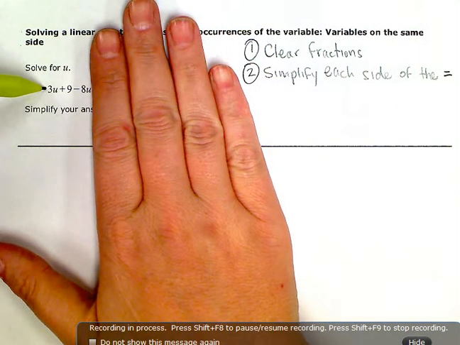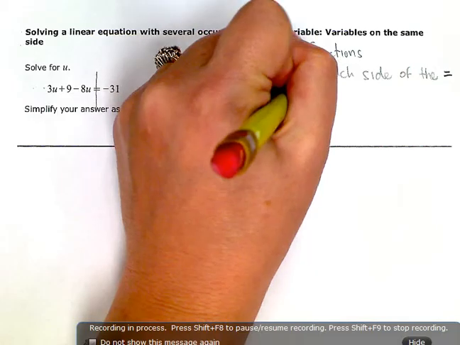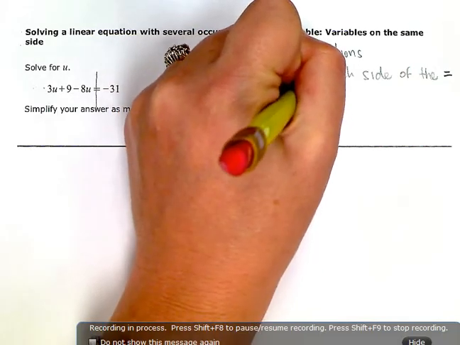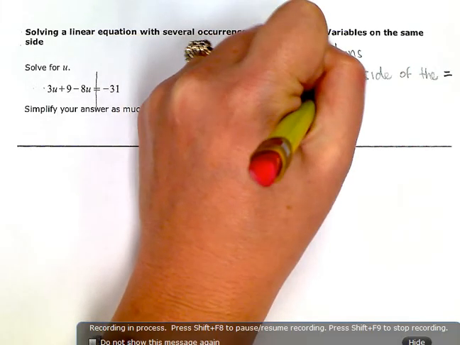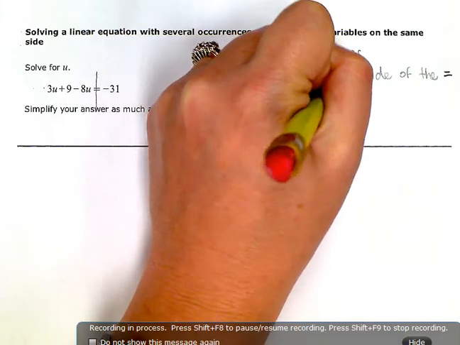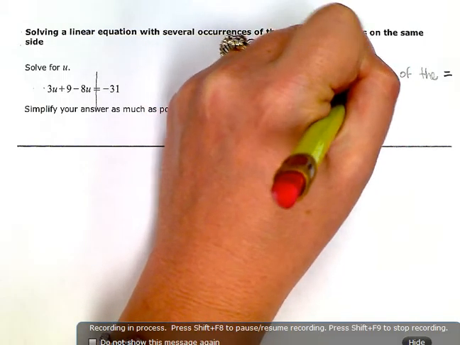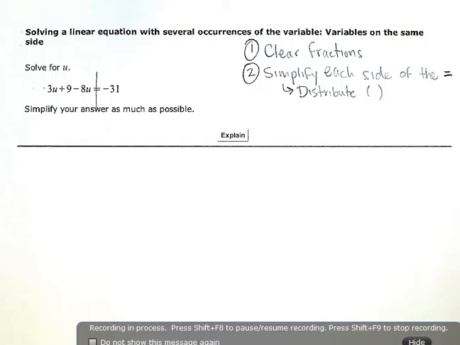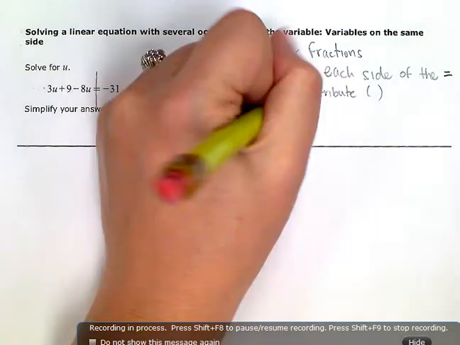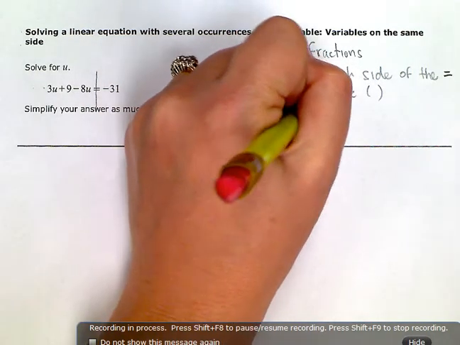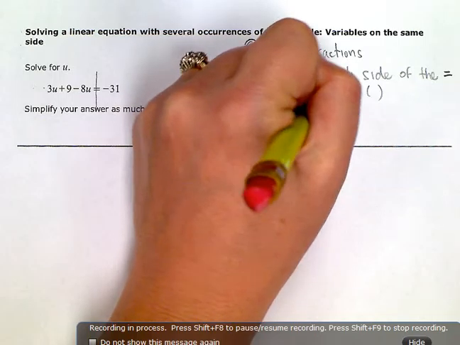And when you simplify, you're doing one of 2 things. If you have parentheses, you're going to distribute to get rid of the parentheses, which I don't have any parentheses, so I don't need to worry about that. And the other thing you're going to do when you simplify is combine like terms.